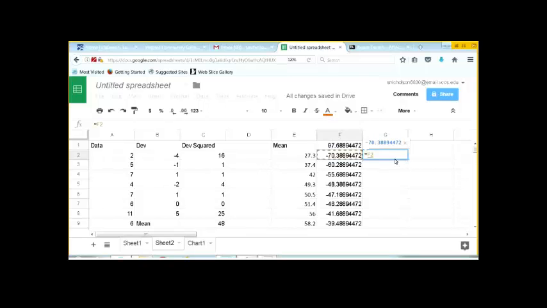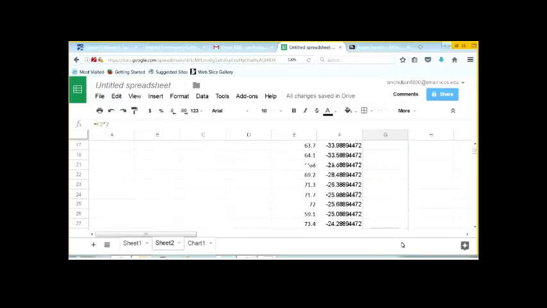And then I could do the deviation squared, so I just say that squared. I copy that formula all the way down.